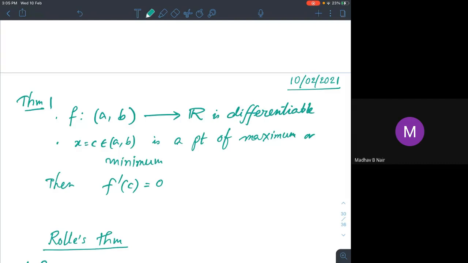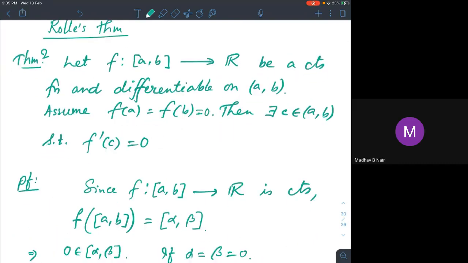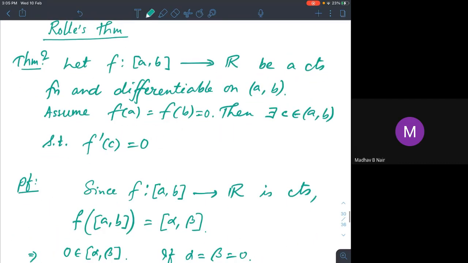If you apply Rolle's theorem on f plus g, you need a condition such as f(a) plus g(a) equal to 0, which means f(a) equals minus g(a). If you find those kinds of conditions in some exercises, you can immediately see that you have to apply Rolle's theorem on f plus g.